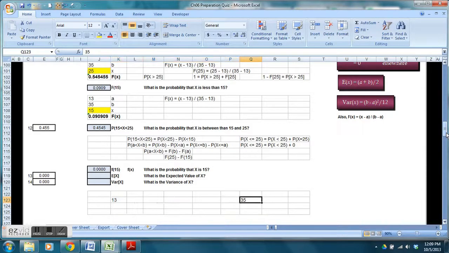But the total number of possible values for x is really infinite, because if you think about it, x could be 13.1, it could be 13.11, could be 13.111, it could be 13.111111111, and it just continues on forever, because it's continuous. So in reality, the number of possibilities between 13 and 35 is infinite.